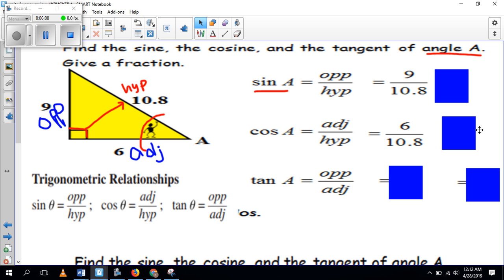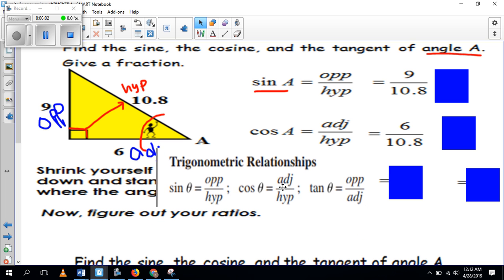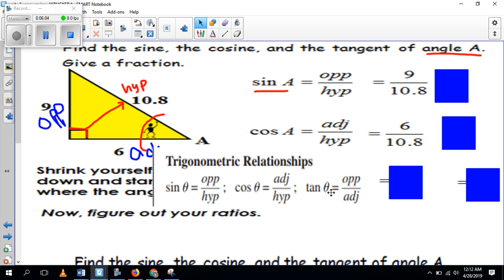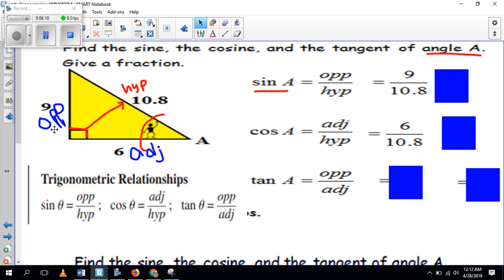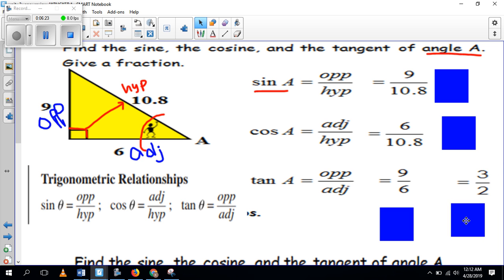If we're looking for tan, tan of the angle equals opposite over adjacent, so 9 over 6. We'll put this in our calculator, 9 n over d 6, and it's going to simplify to 3 over 2.